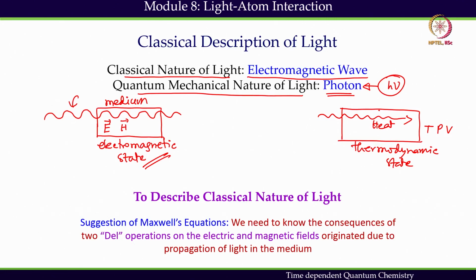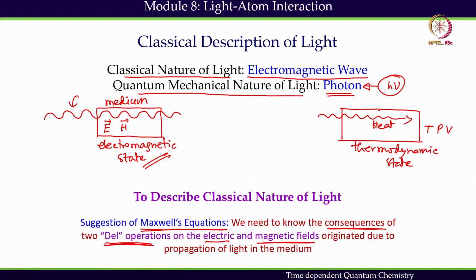This electromagnetic state of the medium is defined by Maxwell's equations, and Maxwell's equations suggest that we only need to know the consequences of a particular operation, which is called the del operation, on the electric and magnetic fields in the medium, originating due to the propagation of the light in the medium.